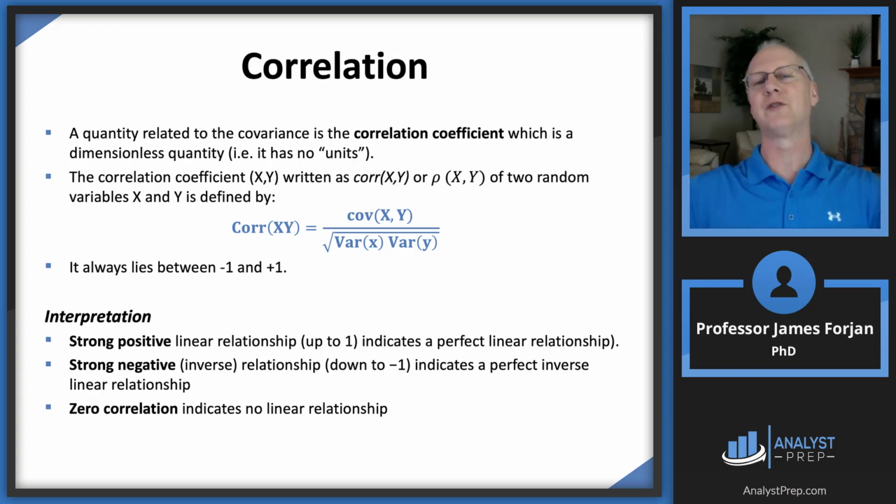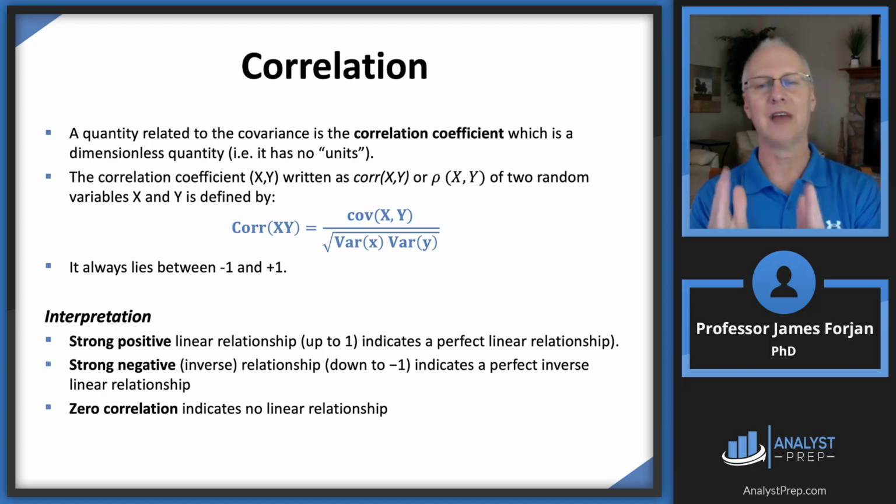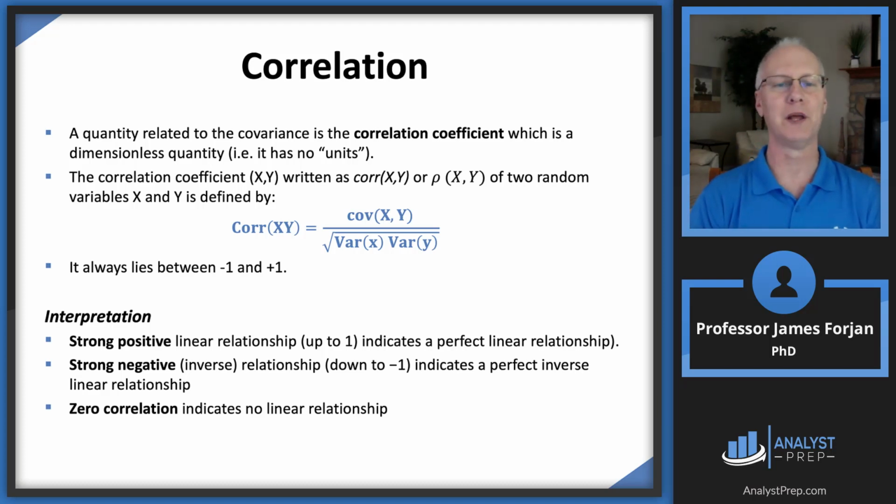What this does is it squeezes the covariance all the way down to something that has economic meaning and that we can interpret. Correlation coefficients, I bet you guys know this, always have to be either a -1 or a +1 or anything in between. So correlation measures exactly what covariance does. It's the measure of the strength and direction of a relationship, but it's standardized.